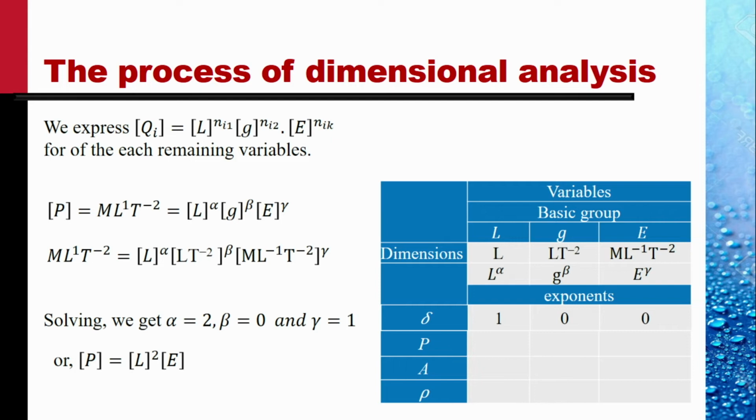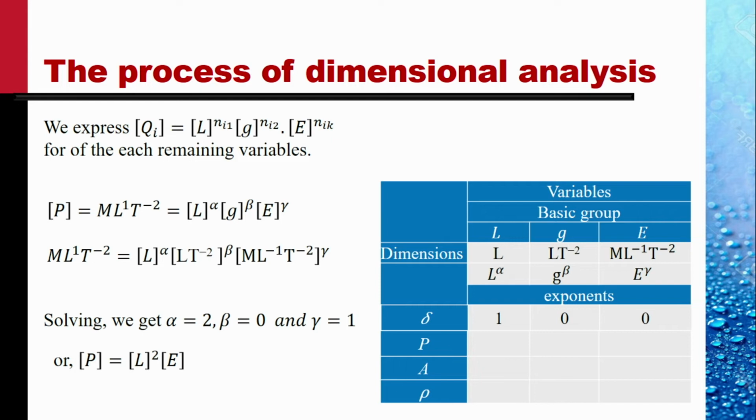T is minus 2 on the left-hand side. On the right-hand side is minus 2 beta, minus 2 gamma. Minus 2 beta from the dimension of G and minus 2 gamma from the dimension of E. So minus 2 on the left-hand side, power of T, should be equal to minus 2 beta minus 2 gamma.